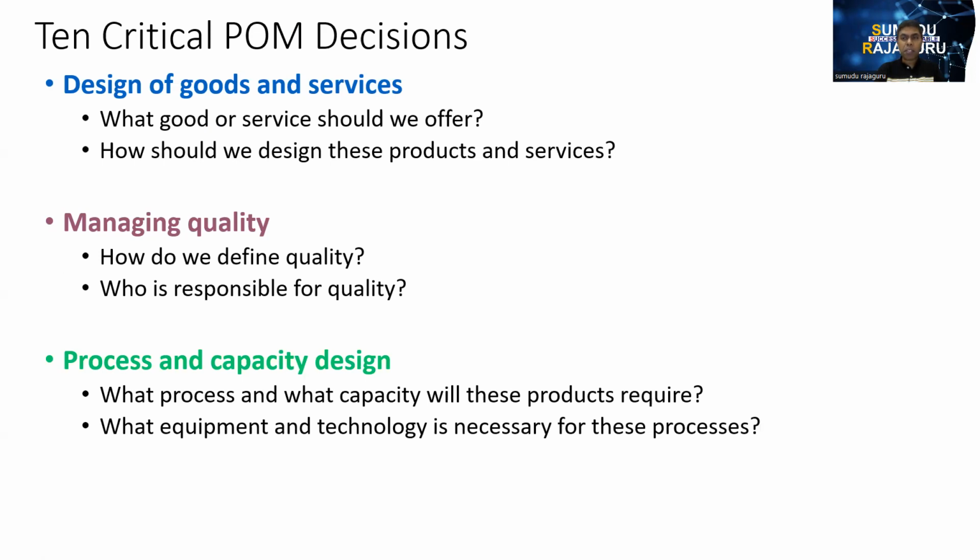We can ask: what process and what capacity will this product require? What equipment and technology is necessary for these processes? So now we know three critical decisions: design of goods and services, managing quality, and process and capacity design.